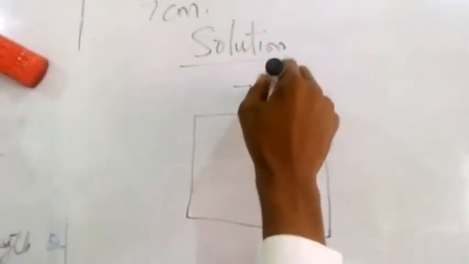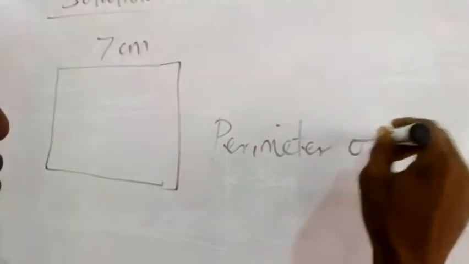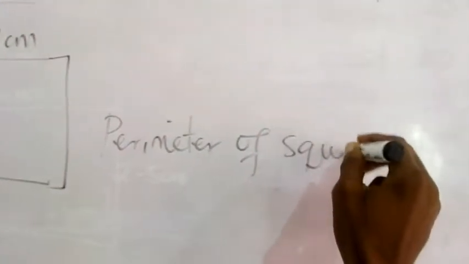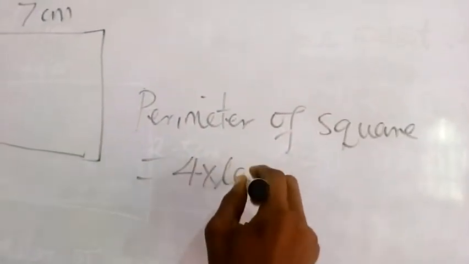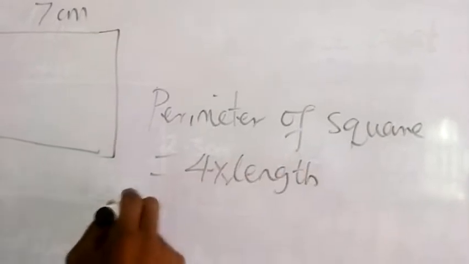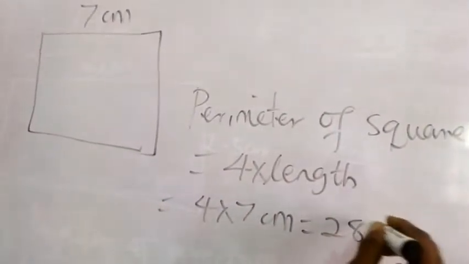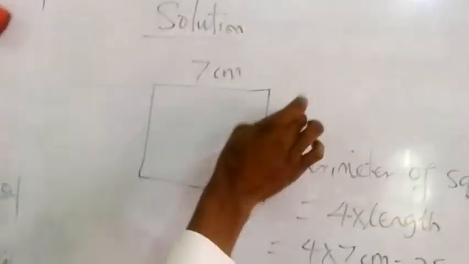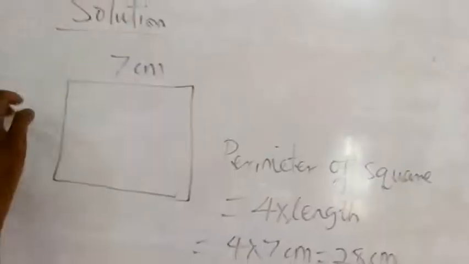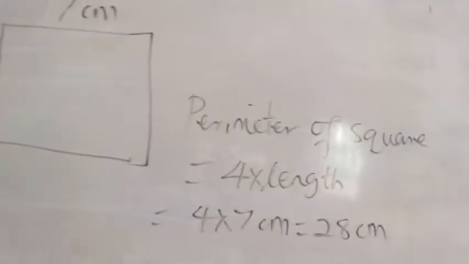We have 7 cm. Perimeter of a square is 4 times length. That is equal to 4 times 7 cm, and that will give us 28 cm. Since we have the length of 7 cm, it means all the sides are 7 cm. So if we sum all the sides together, we should get our 28 cm.